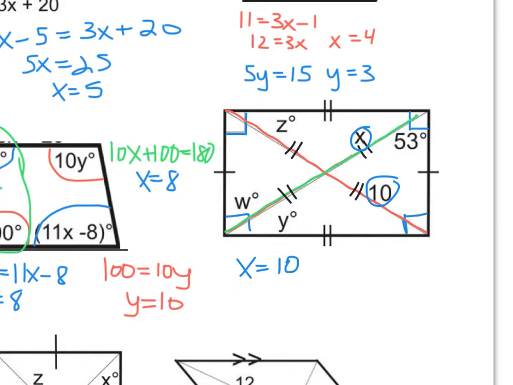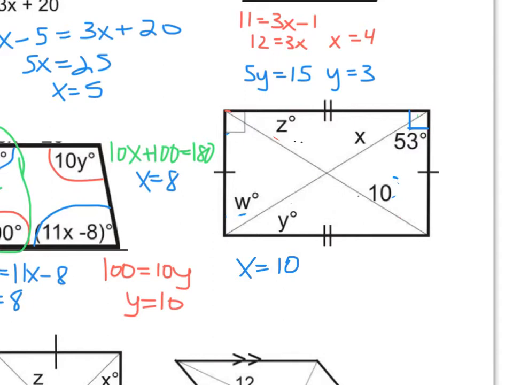The other problem that we had on this particular topic, and I'm going to erase some of my markings, had to do with finding these angles that you see labeled here. So with this, we want to use the fact that I am making a 90-degree angle.